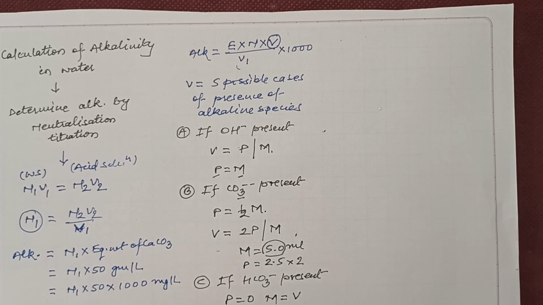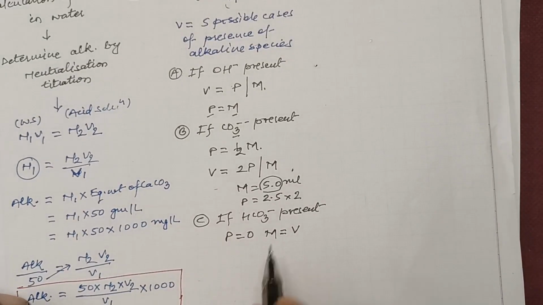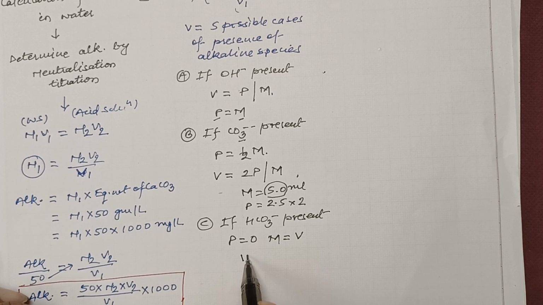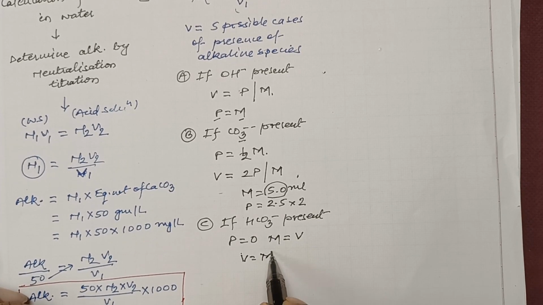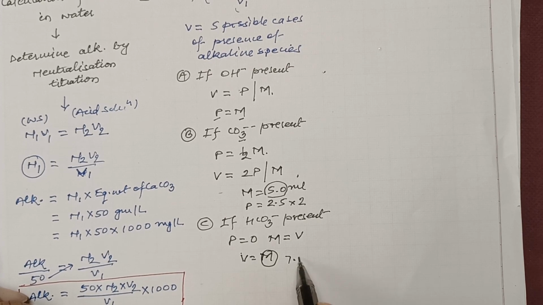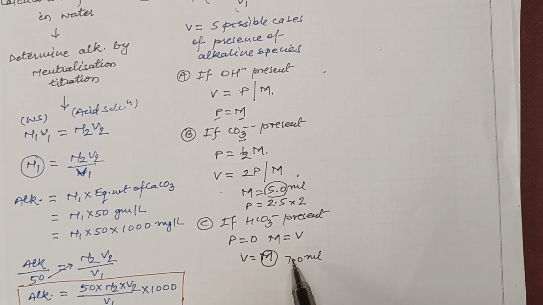The answer is, in such a case, you may put the V, which is nothing but the M. Suppose M is 7.0 ml, then this whole value should be taken in calculation of alkalinity.